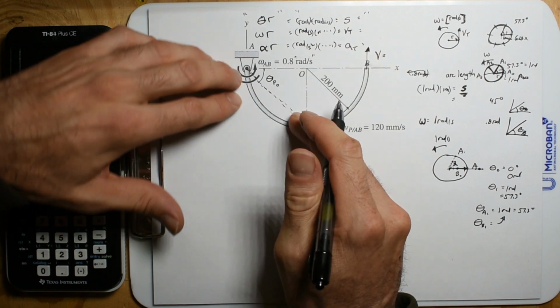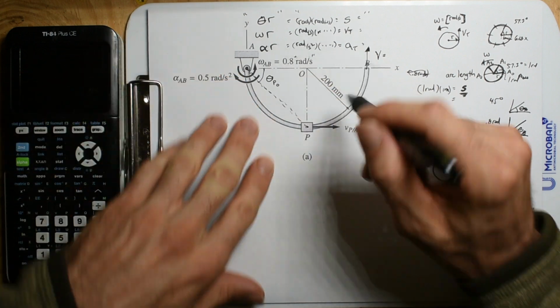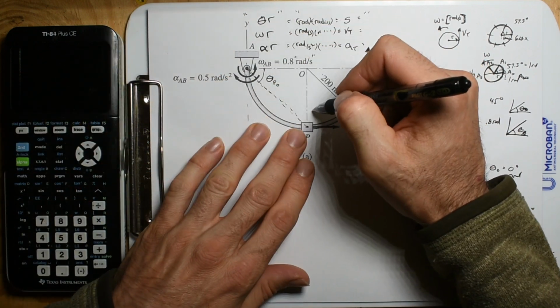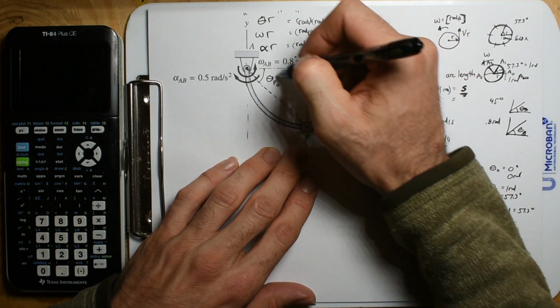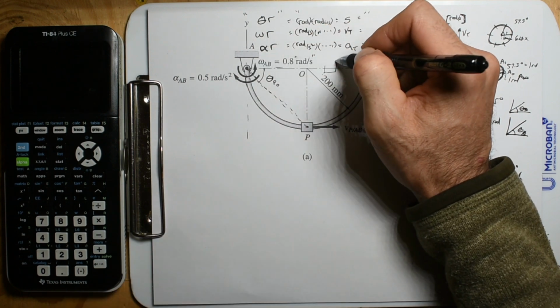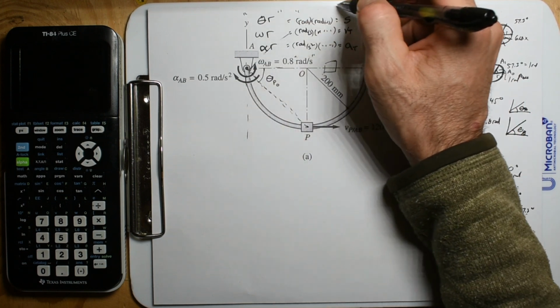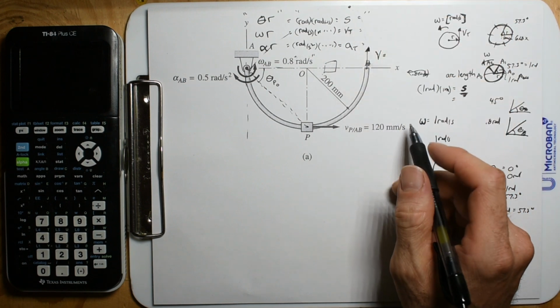In 1 second, we're going to go about 45 degrees, so this slider is going to be right there, and this point B is also going to be up here at 45.